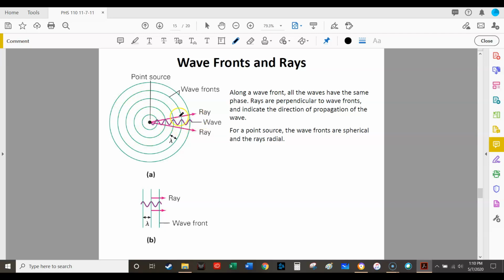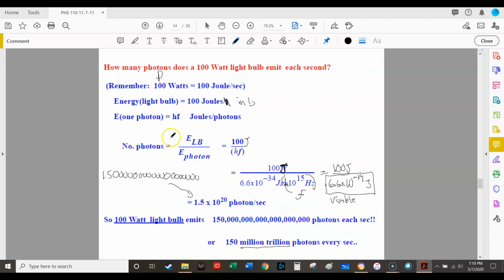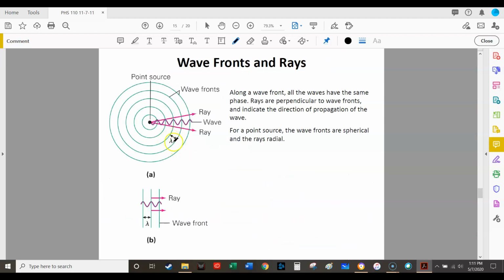Not only can light be seen as photons flying out in all directions, like little baseballs, you could see that these waves are actually traveling in straight lines too.